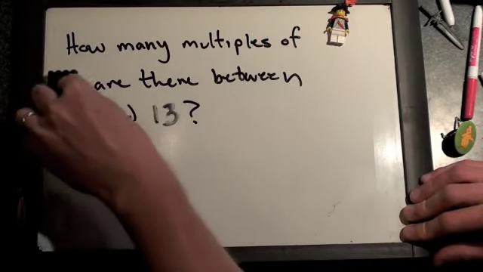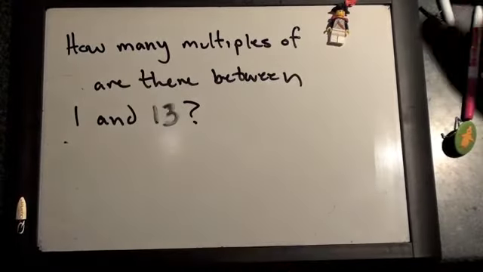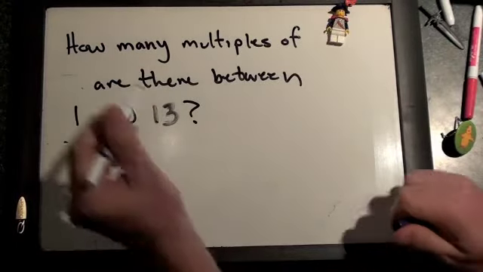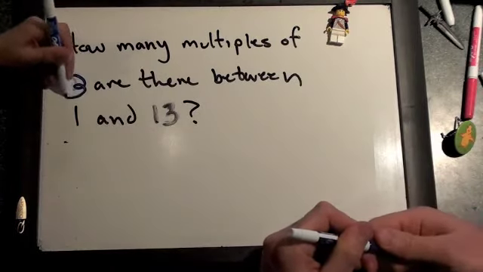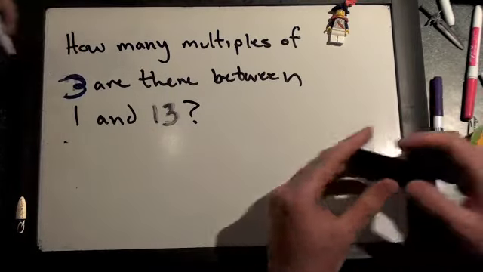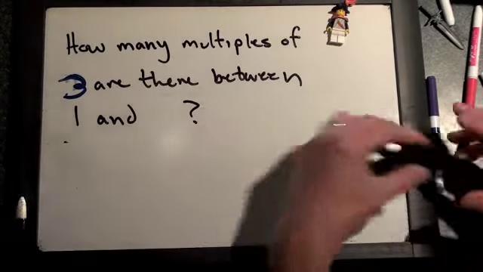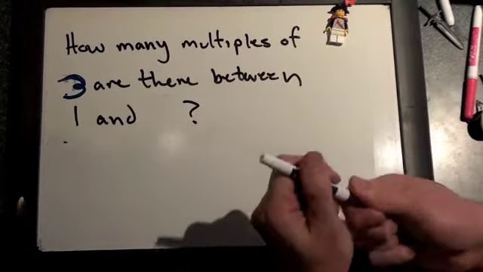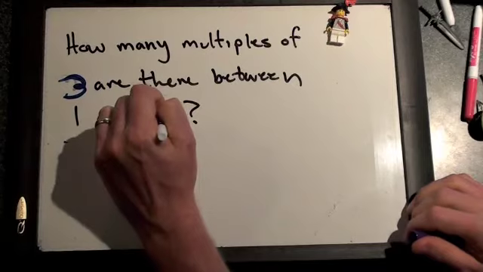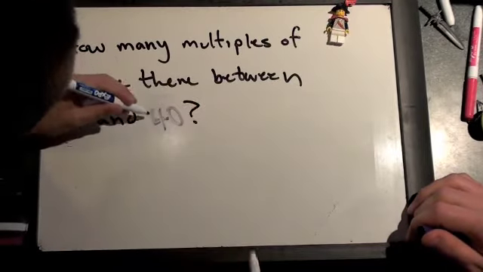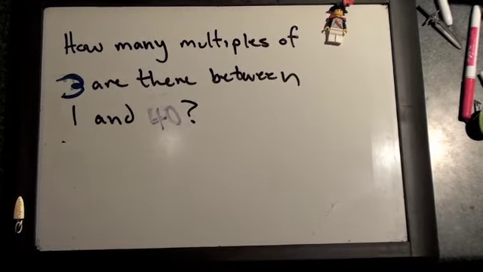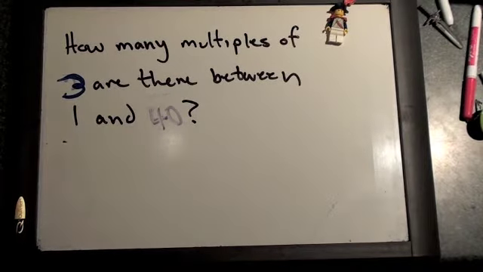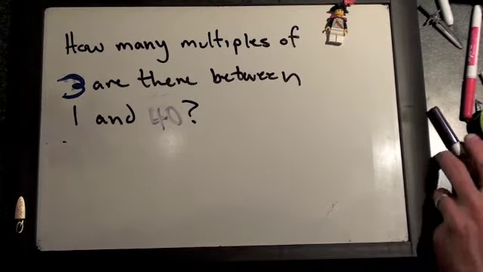How many multiples of 3 are there between 1 and, let's say, 40? So let's try to find the first one. The first one is 3. Okay, write that down.